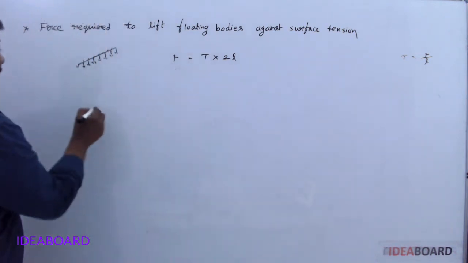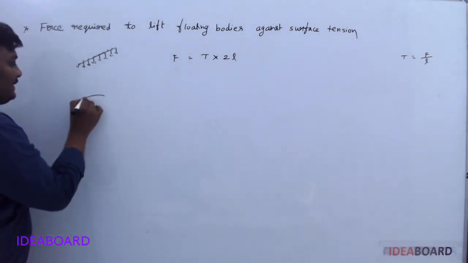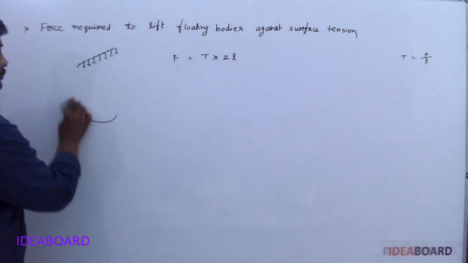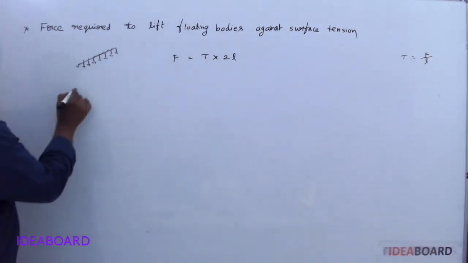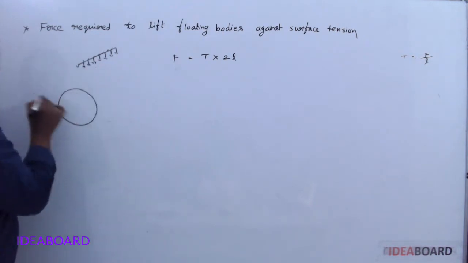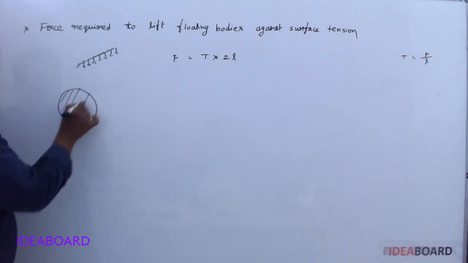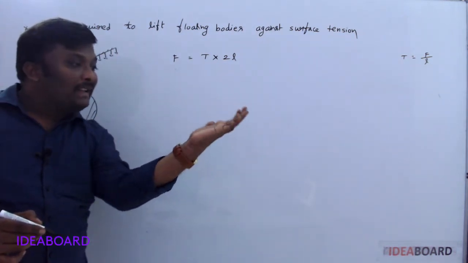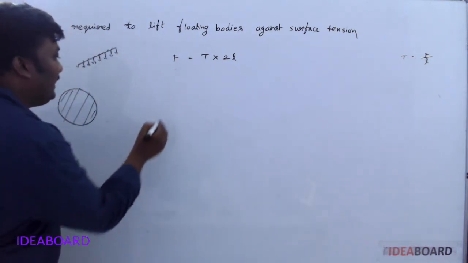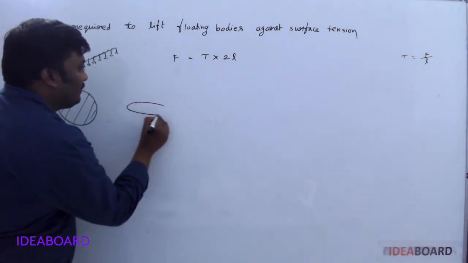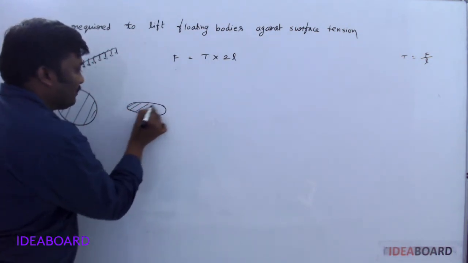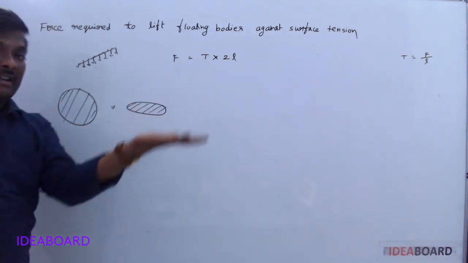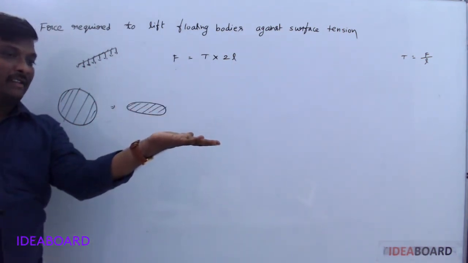Now let us take one circular disc. A circular disc means it has some matter inside. This is the disc I am placing on the surface of the liquid, and it appears like this. The same circular disc on the surface of the liquid appears this way.